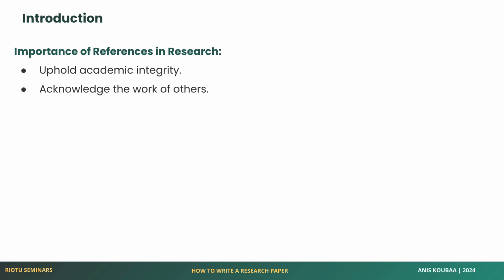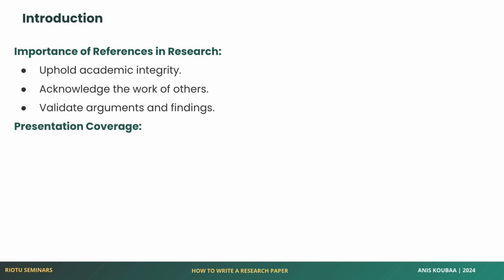To acknowledge the work of others, to validate arguments and findings. For example, when you discuss results, you can say these results confirm the results that were found in another paper or contradict the results of our paper, and you make a discussion. So these are the different things where we use references.